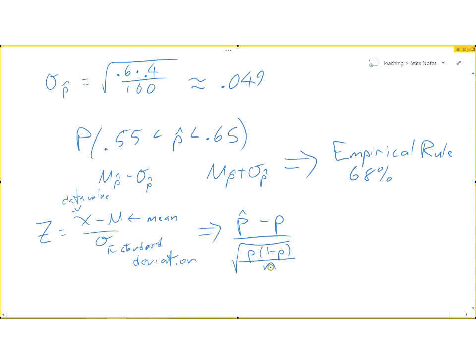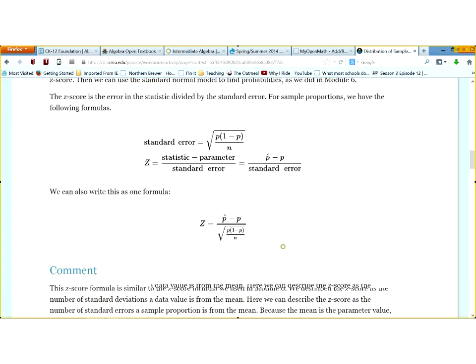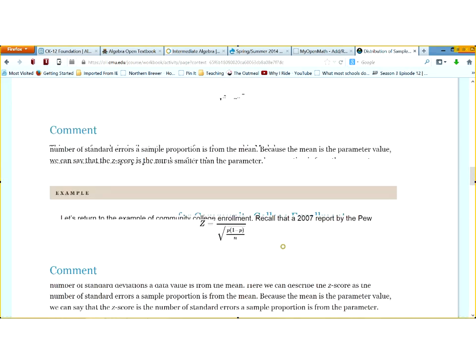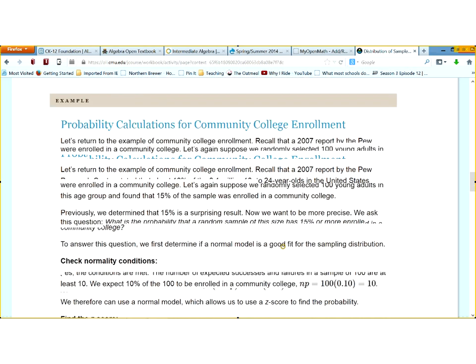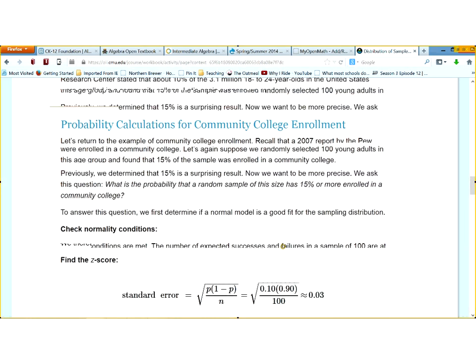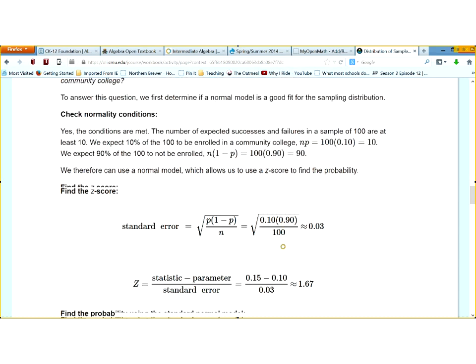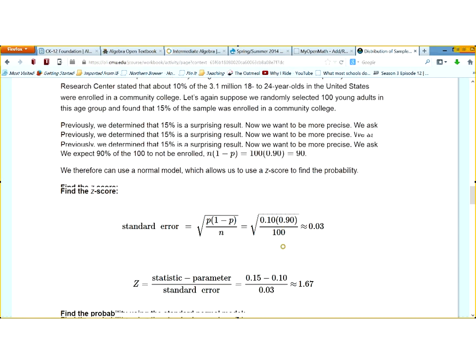So that's the formula you would use in this module to calculate the z-score of a particular sample proportion. But we are in general going to use the calculator still. All right. So let's see how we can do this problem. We'll do this example, except we'll do it using the calculator rather than the z-score.